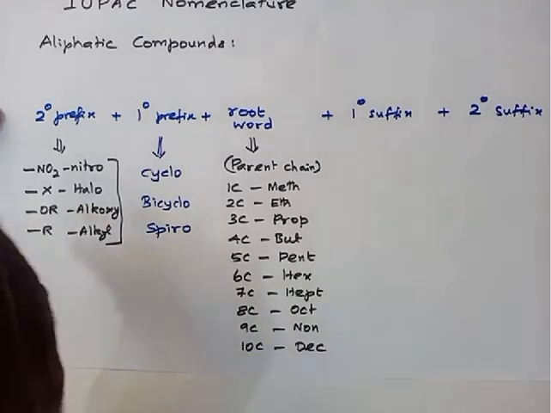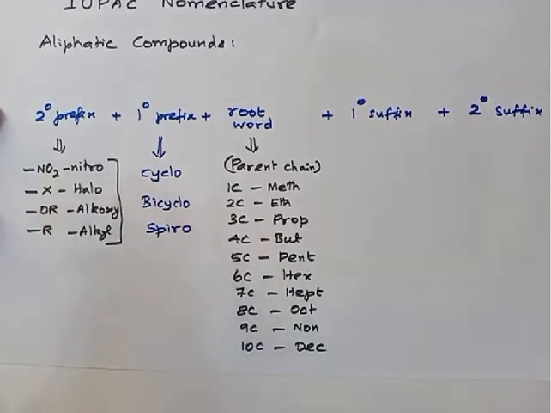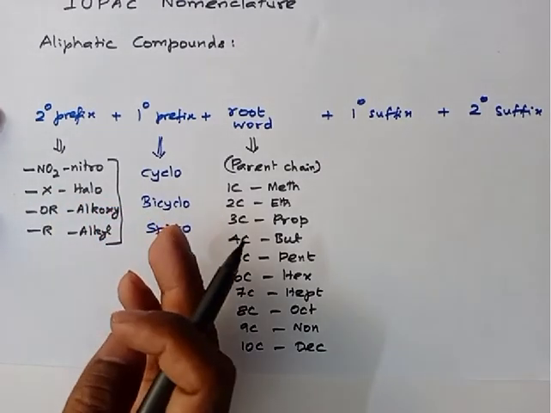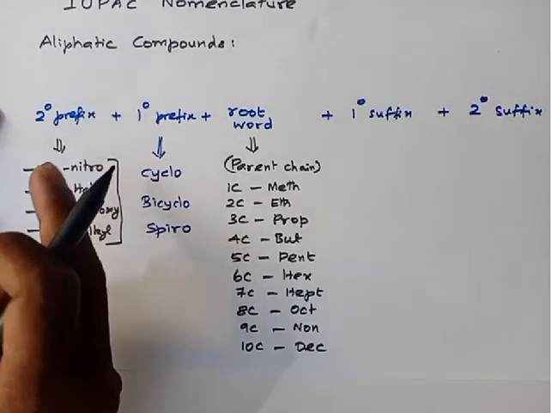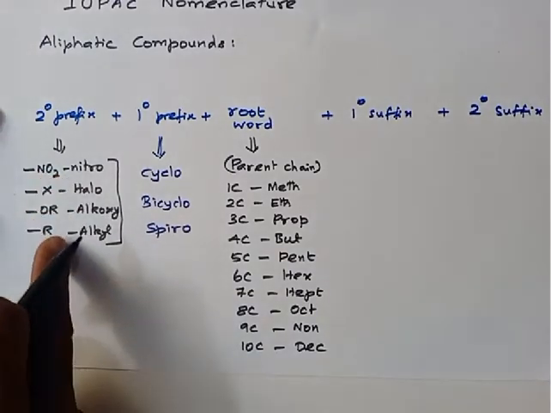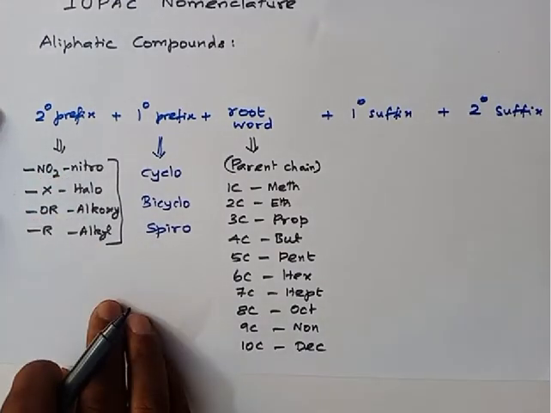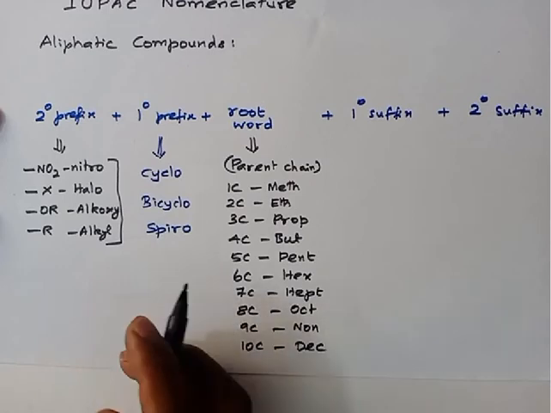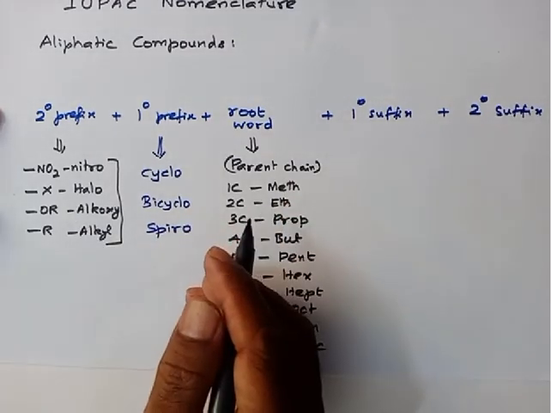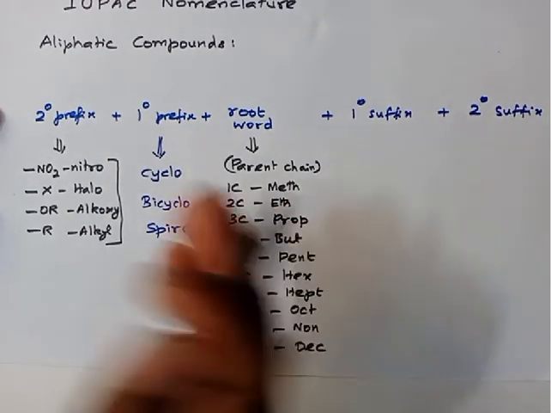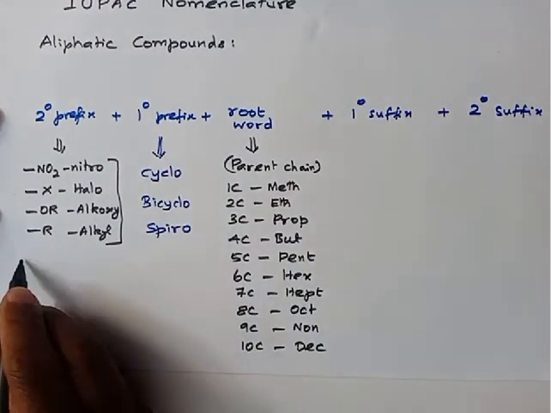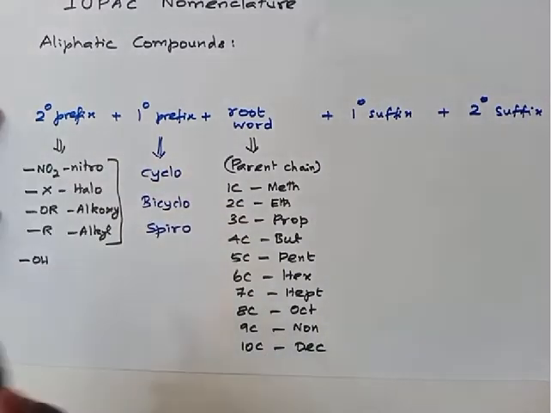The remaining functional groups should be treated as substituents. The functional groups which are treated as substituents should also be mentioned in the secondary prefix. For example, if you have a hydroxy group treated as a substituent, then it should be mentioned in the secondary prefix.